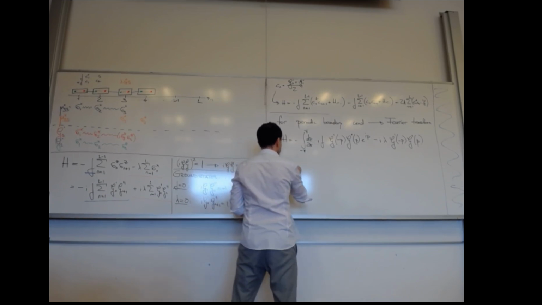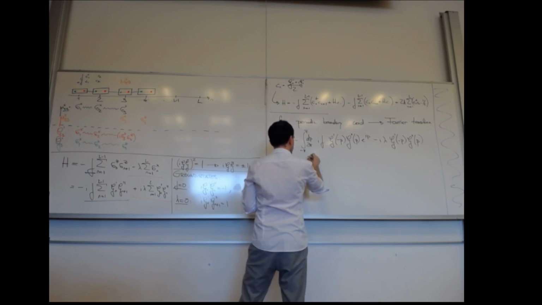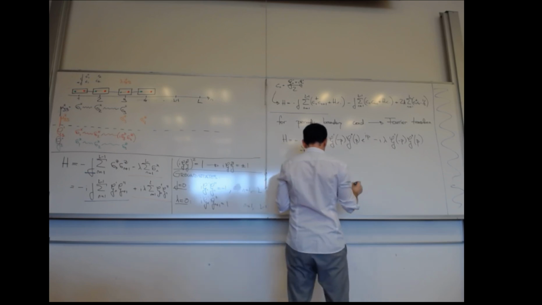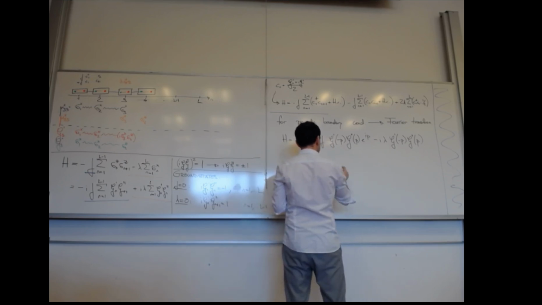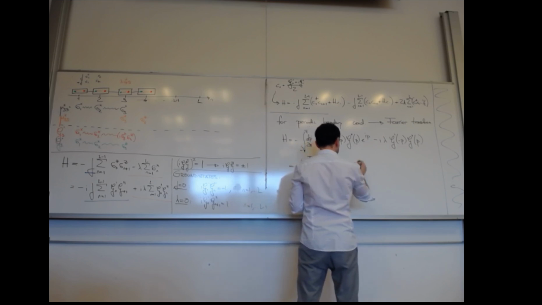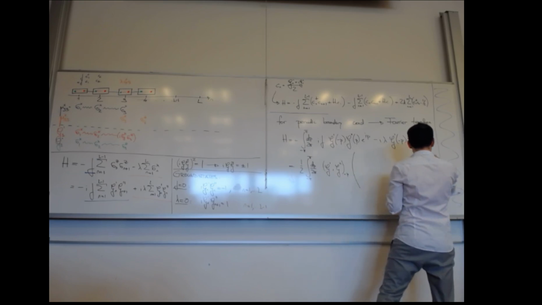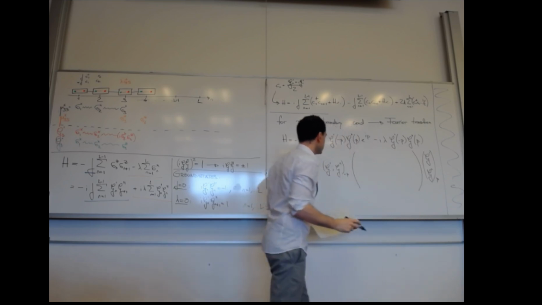We can also write it like this: one half integral dp over 2 pi from minus pi to pi, and then you group these into some sort of spinors, zeta prime minus p and zeta double prime p.